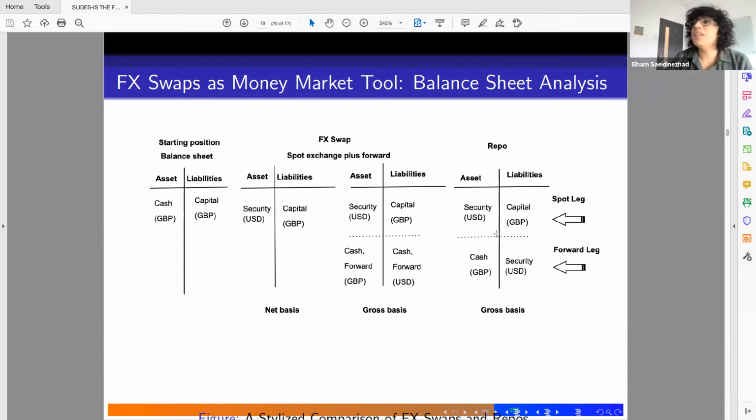However, once we look at both the upper side and the lower side of the balance sheet, we see that even this apparent FX mismatch is going to disappear.